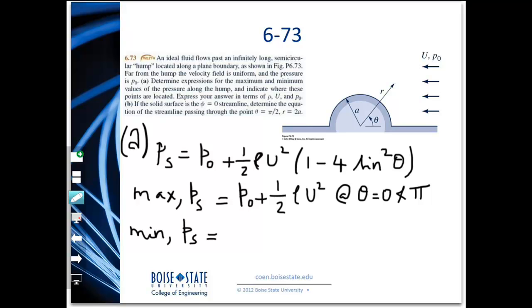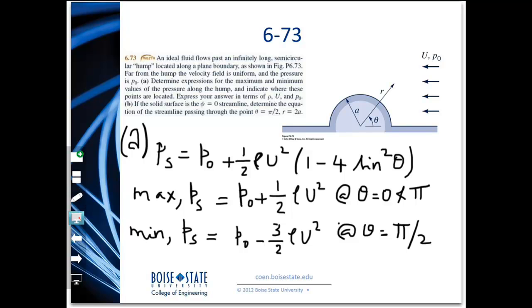So if you simplify it, it will be P naught minus 3 over 2 rho U square, which will happen at theta equals pi over 2. Okay, so these are the maximum and minimum pressures. And now we have to come up with the streamline passing through that point.